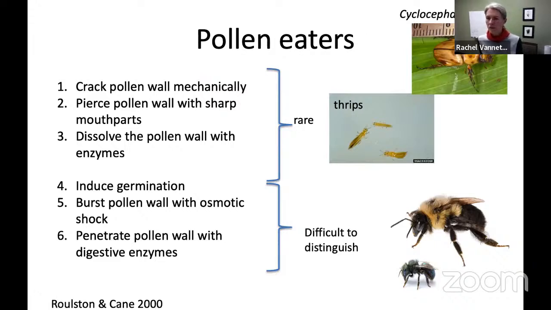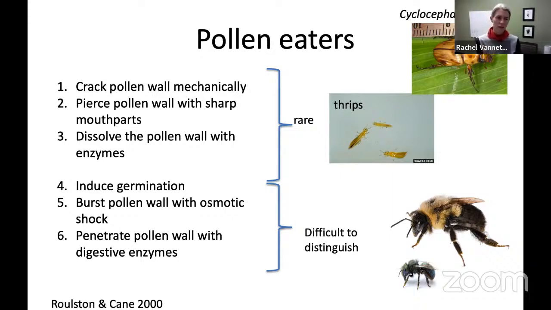One other potential consequence of this that we're quite interested in is pollen eaters. We know that many organisms consume pollen, and the mechanisms of pollen digestion are not well understood. These are the hypotheses from Ty Rolston and Jim Kean's paper on how organisms acquire pollen nutrition.